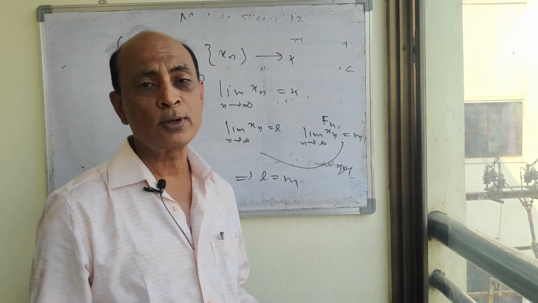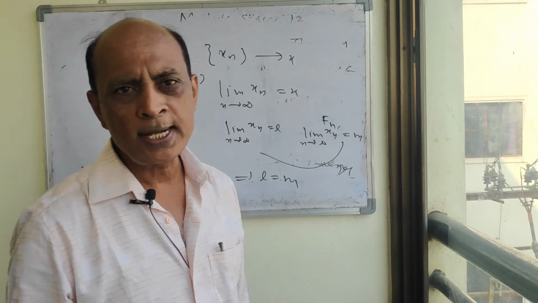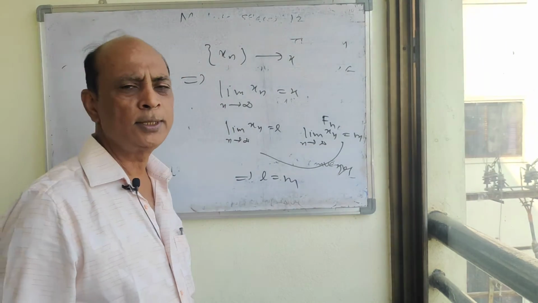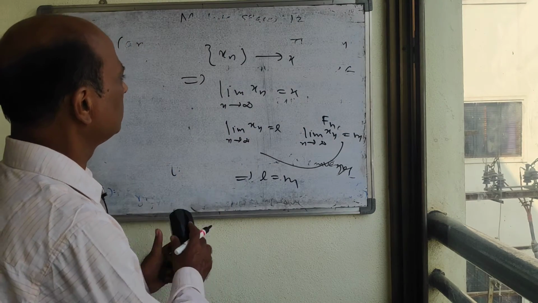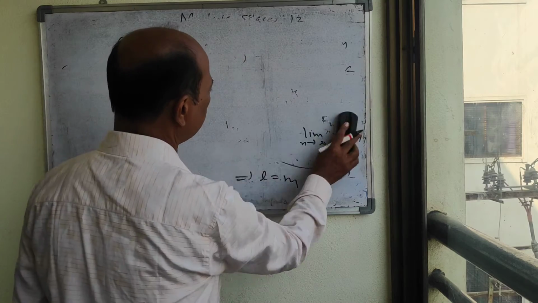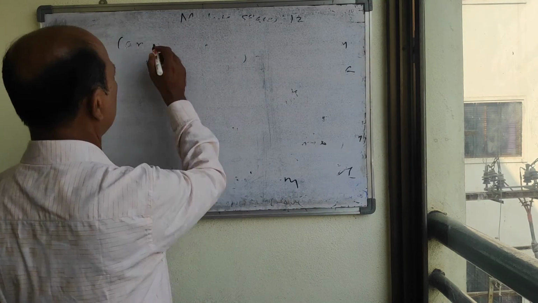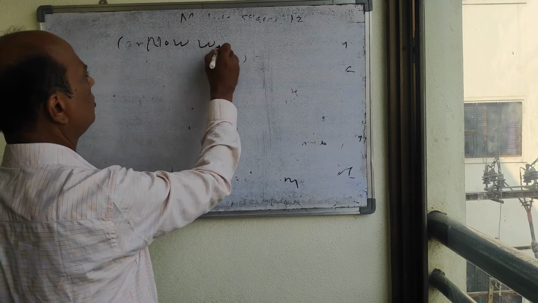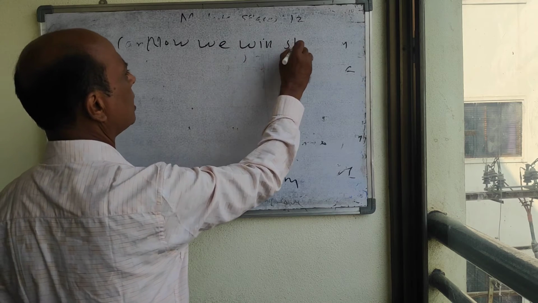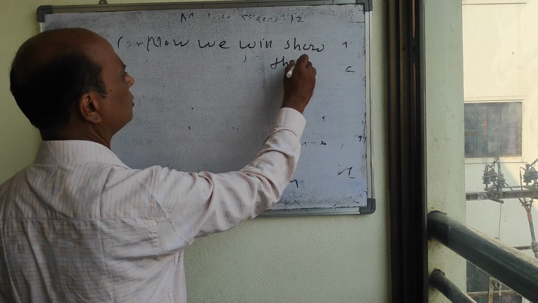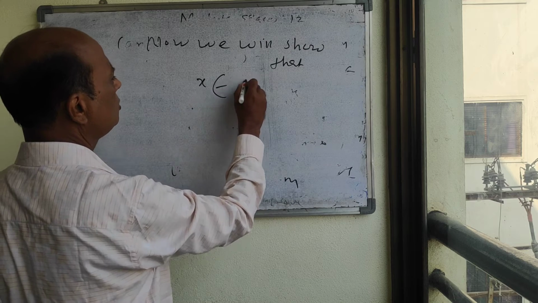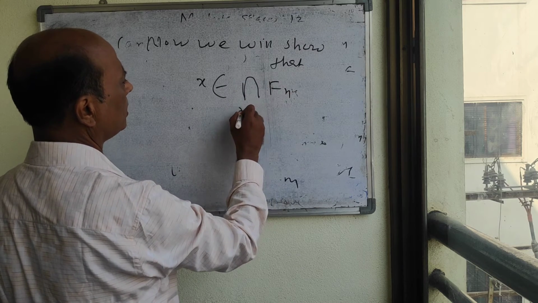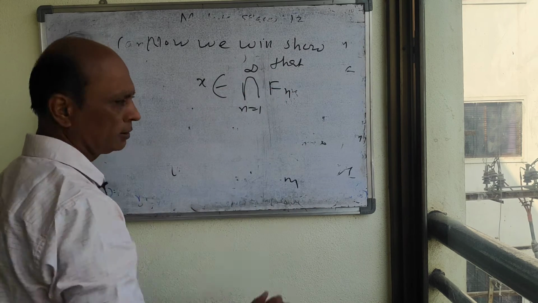But now what do we have to show? We have to show that this x belongs to the intersection of Fn. So now we will show that this x belongs to the intersection of Fn, n from 1 to infinity.